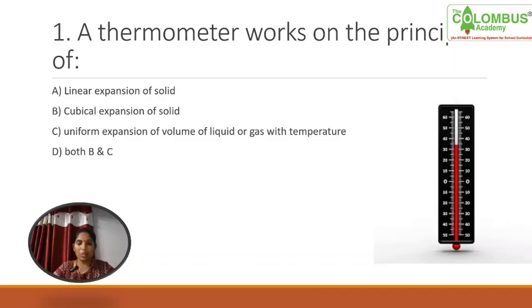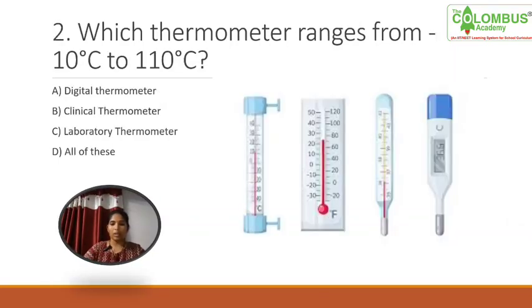Yes, the thermometer works on the principle of uniform expansion of volume of liquid or gas with temperature, and it is called cubical expansion of liquid. So the answer is option D.